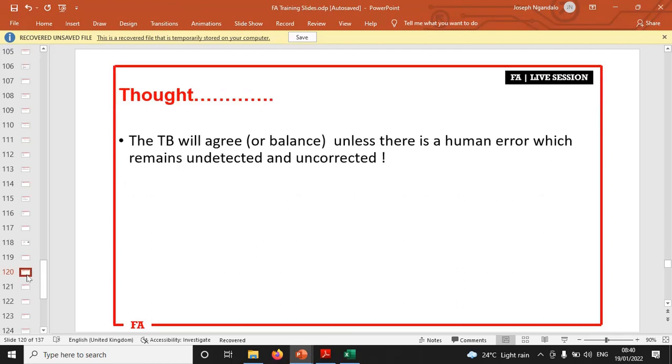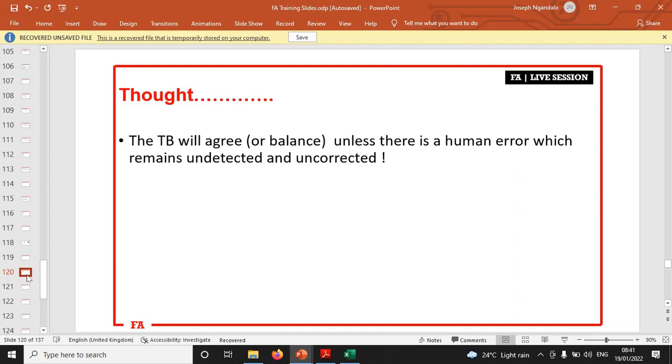The trial balance, this is a point that we need to all agree on. The trial balance agrees, unless there is a human error which remains undetected and uncorrected.